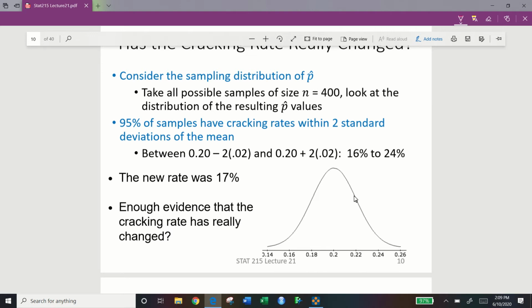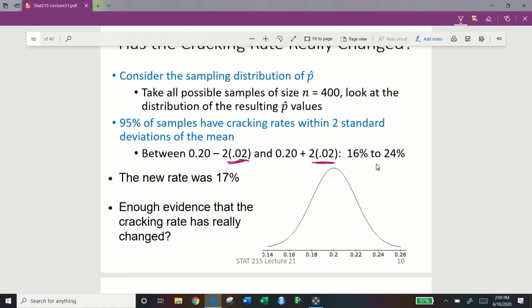95% of samples have cracking rates within 2 standard deviations of the mean. Think back to the rule I just mentioned. So that means between 0.2 minus 2 times 0.02, remember, one standard deviation is 0.02, so 2 standard deviations would be within our 95%.